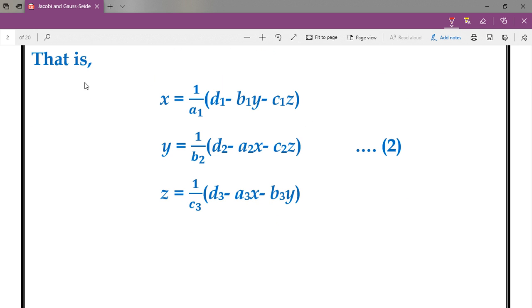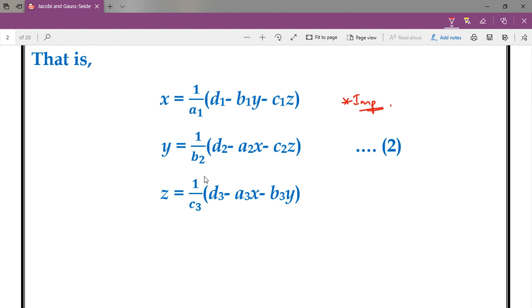Getting these expressions is very, very important, because we are setting the system of linear equations up for the iterative method.